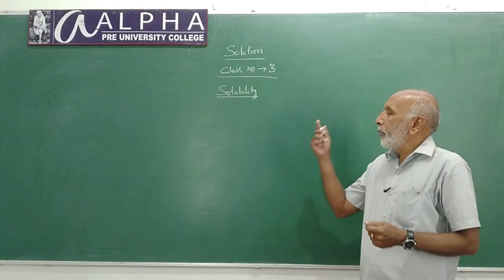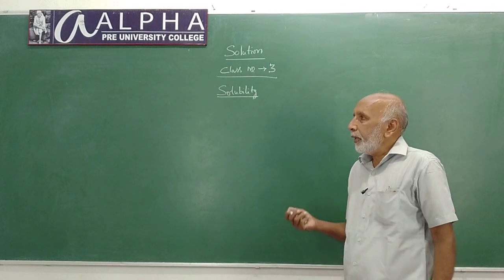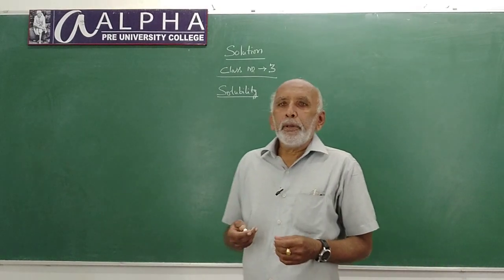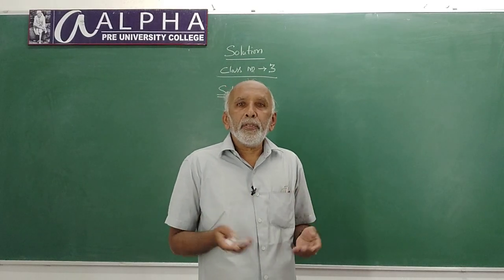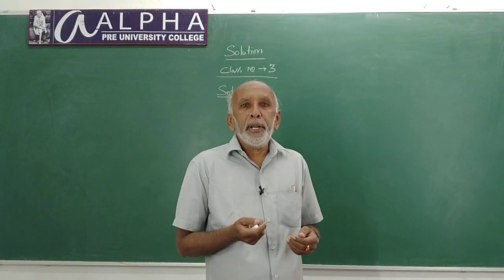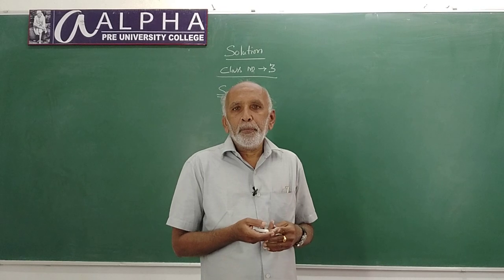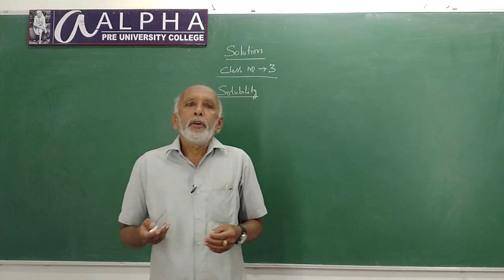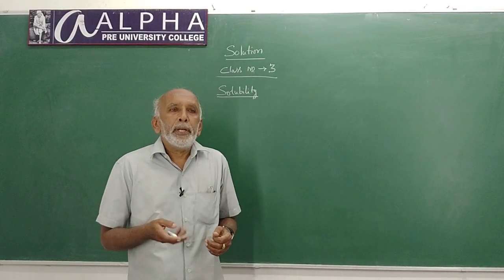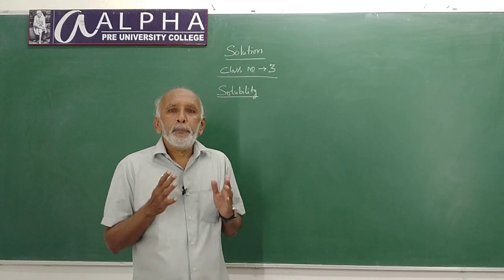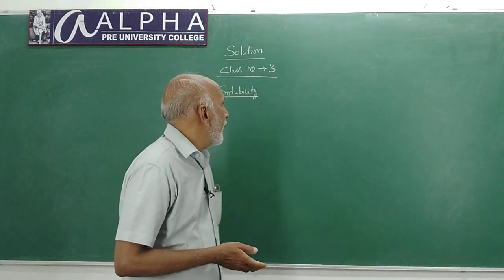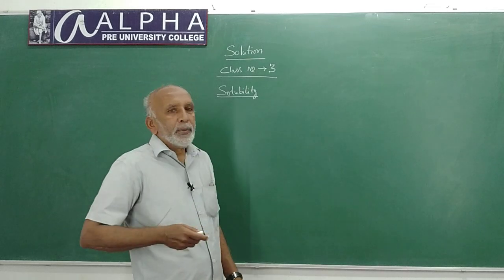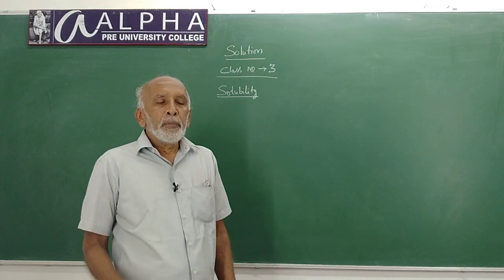This solubility depends upon the nature of solute, nature of solvent, temperature and pressure. These four factors play a significant role in the solubility of a solute in a given solvent.